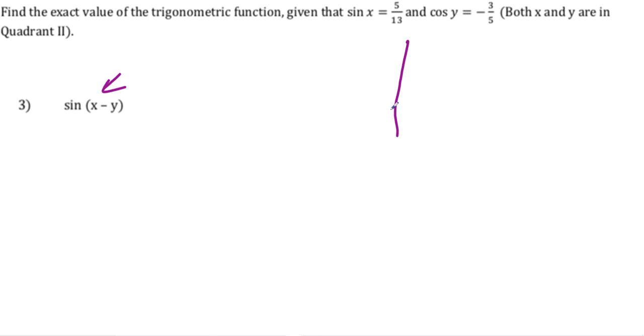We're in quadrant 2 again, so 5 over 13 and negative 12, and so on. It's a minus, but it just changes the sign. We've done this. I'm going to let you go, as I've got to get to a meeting.